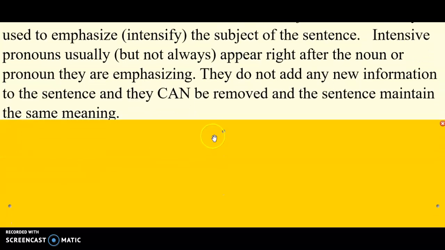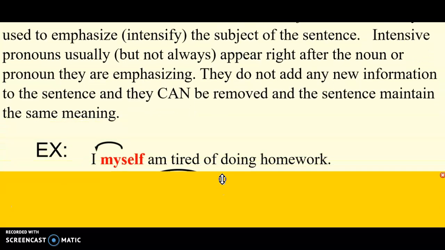All right, so an example, I myself am tired of doing homework. So myself is the pronoun, and it's going to be intensive, okay? It's intensifying the subject of the sentence, which is I. It does not add any new information to the sentence, okay?